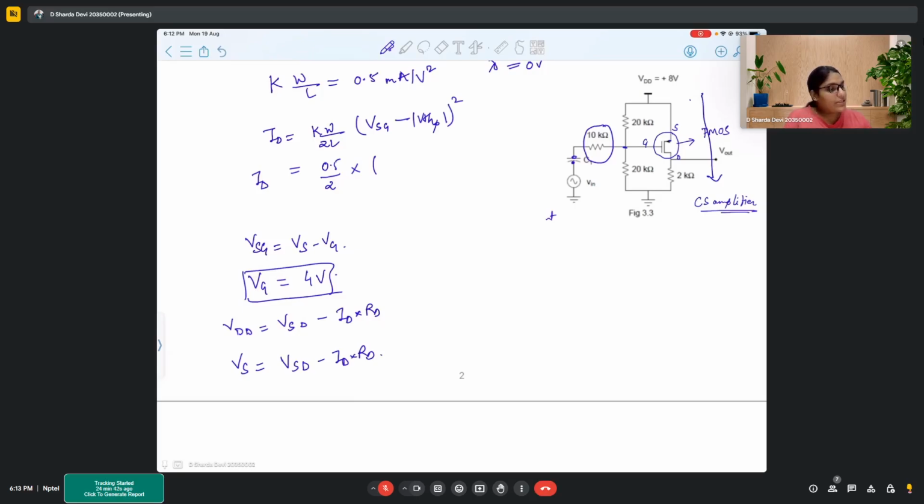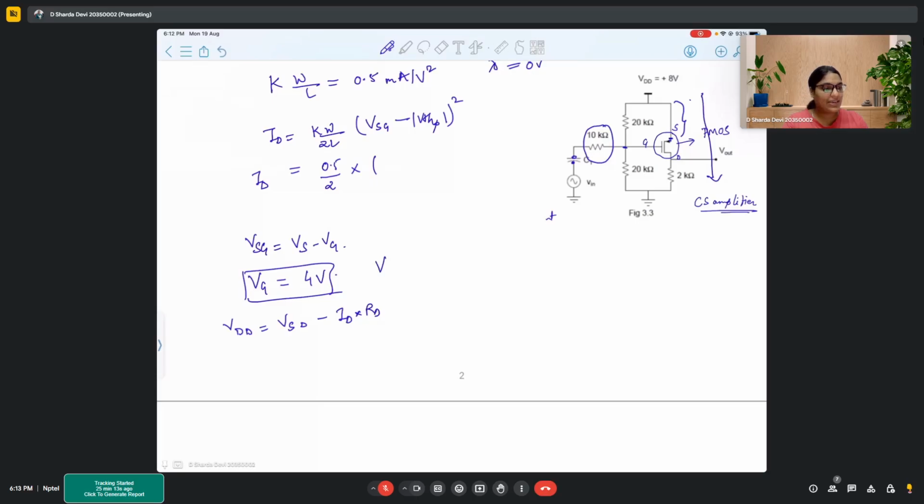If we look into this particular terminal, this is the source terminal, right? And source is directly connected to VDD. In case of a voltage source connection, the voltage at that terminal is directly equal to the voltage source connected to it.